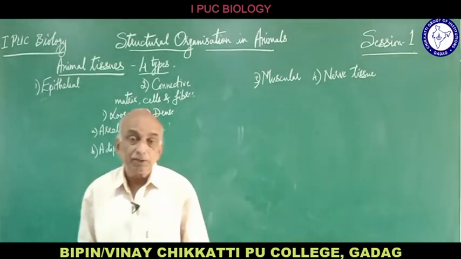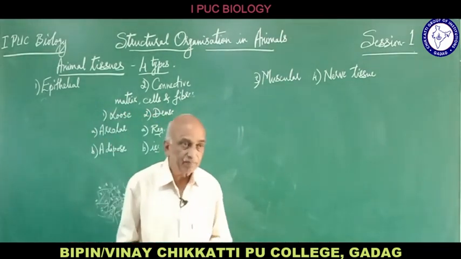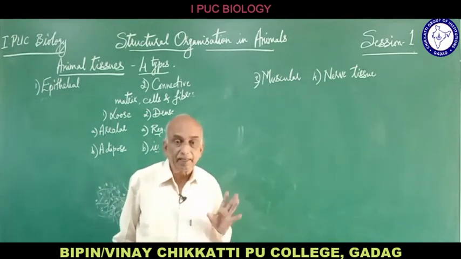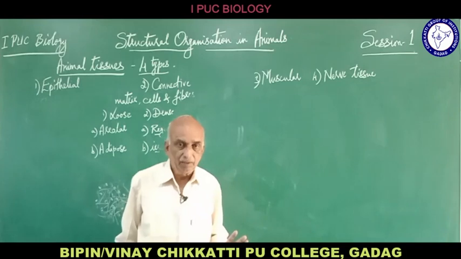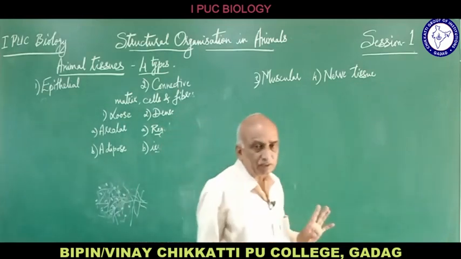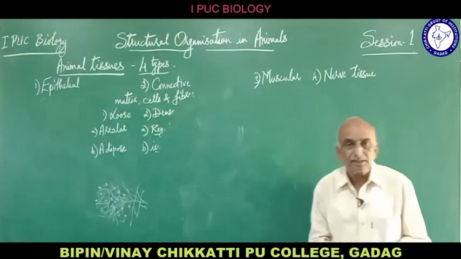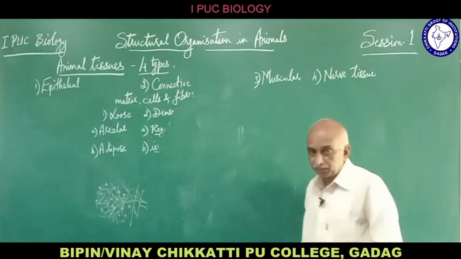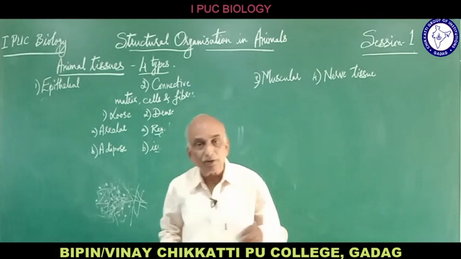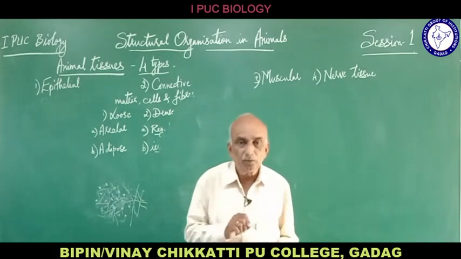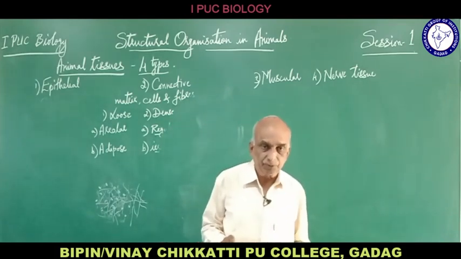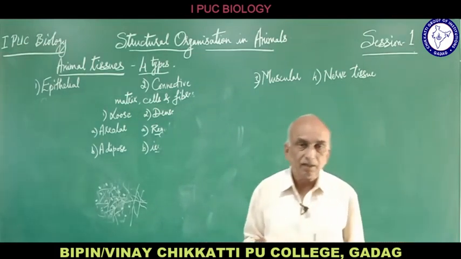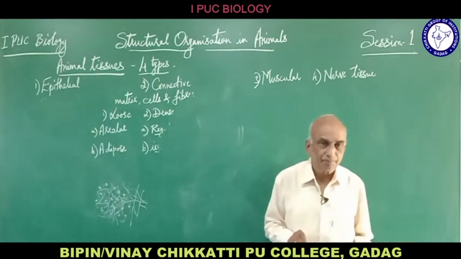A muscular tissue does not contain cells which are round, rectangular or polygonal. All types of muscular tissues, of course there are three types, have cells which are always elongated. There are no cells in a muscle tissue which are spherical, polygonal, rectangular or oval shaped.